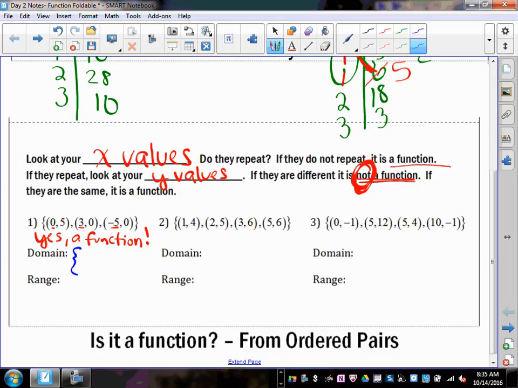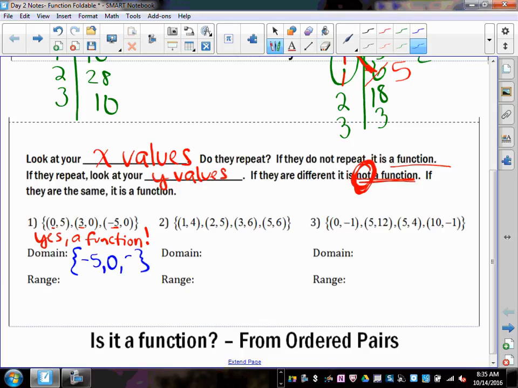Alright, so my domain, what are my x values for my domain of this? 0, 3. Good. So we list them 0, 3, -5. Now, we really should list these in numerical order from least to greatest. So we really should list this as -5 comes first.